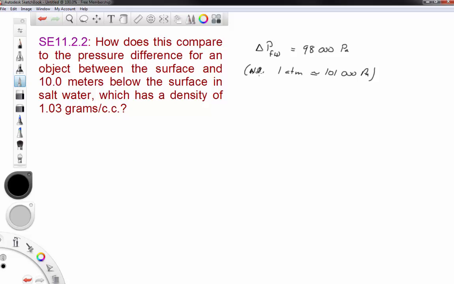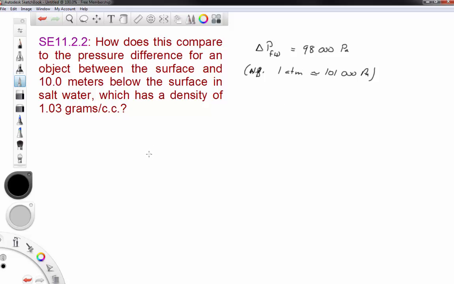And it's worth noting that this is roughly equivalent to 1 atmosphere of pressure. An atmosphere is just a little over 101,000 pascals. We got 98,000 pascals by going down 10 meters, so rough rule of thumb, for every 10 meters depth you gain in freshwater, you're adding about 1 atmosphere of pressure.